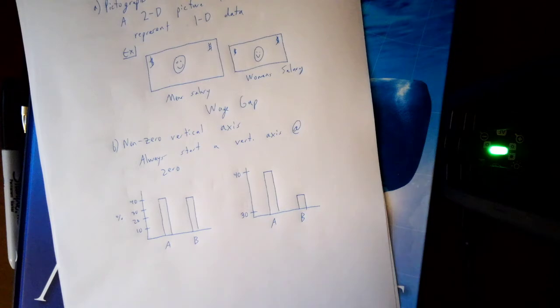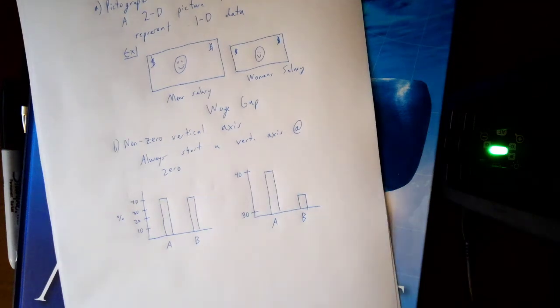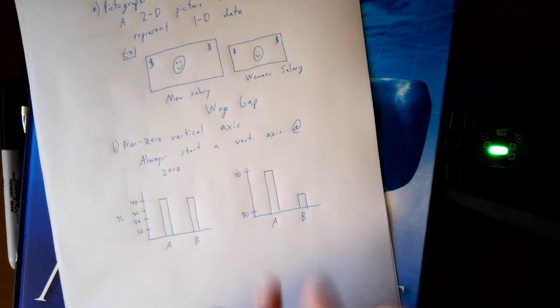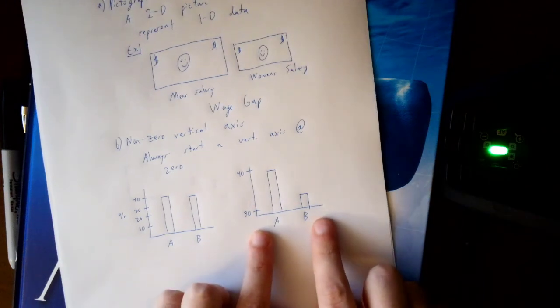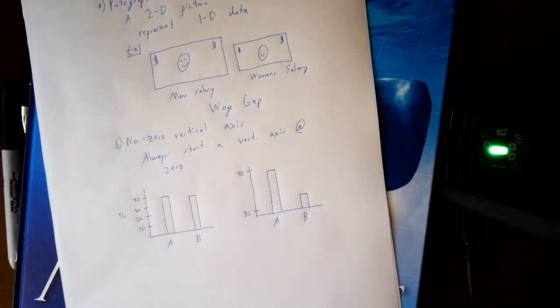In this one, it looks like A did twice as good. And I promise you, if you watched the news during the election, you saw graphs like this, where, you know, Trump-Biden or Biden-Trump, the graph was misleading. I see these all the time in news outlets. They use non-zero vertical axes to make the difference look exaggerated.